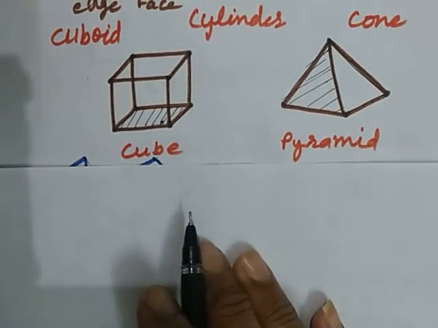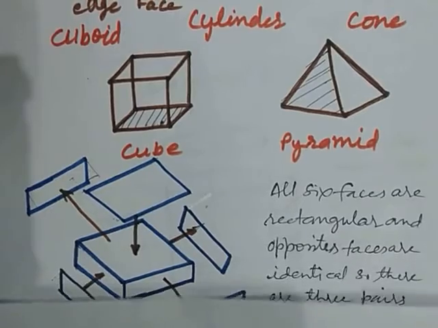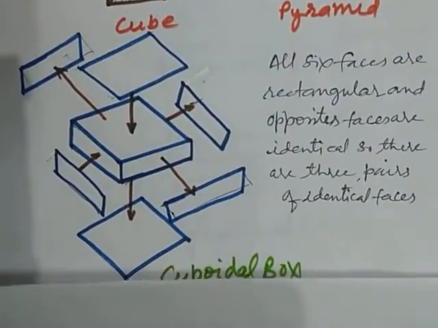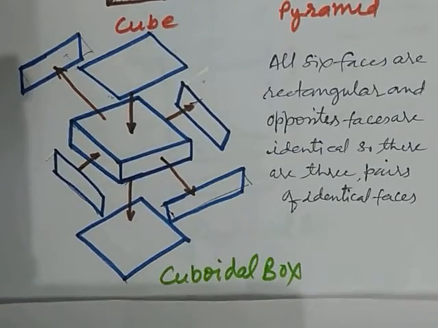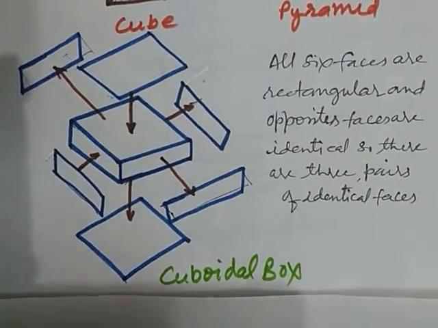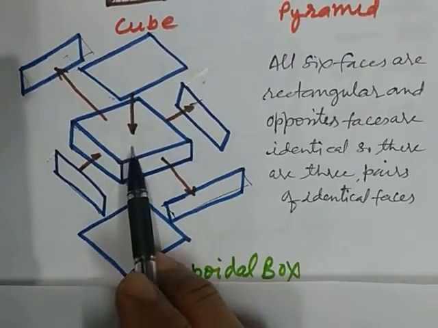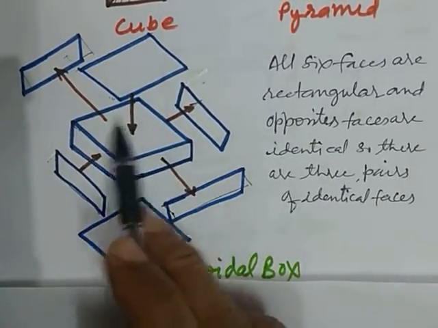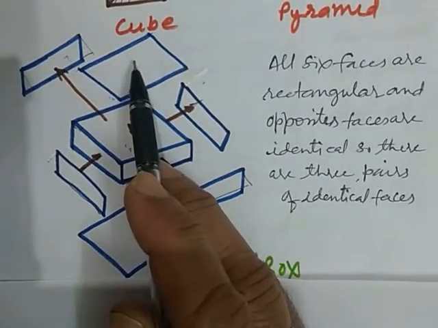So we break them. Here is the cuboidal box, which is a cuboid. This is the top face looking like this.